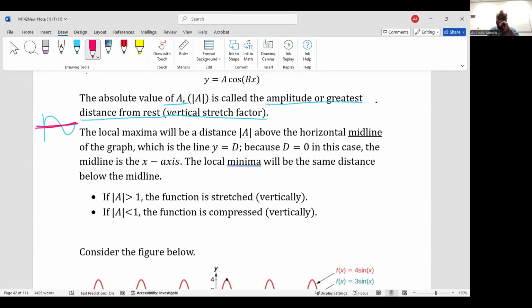Now we say amplitude is the distance from rest. This is the highest point here, so we say that is the amplitude, the distance from rest. We are considering the absolute value because you can see that we can also consider this point, right? I will return to how we find the amplitude.